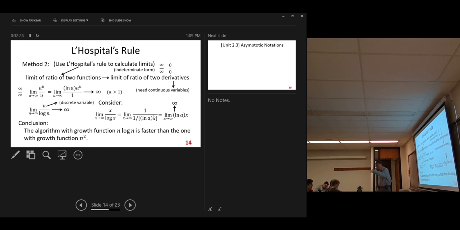We just know when it is large enough, this number will dominate. Remember the dominance I explained last time? The dominance means the ratio is infinity. If it's infinity, it can be larger than any given number.